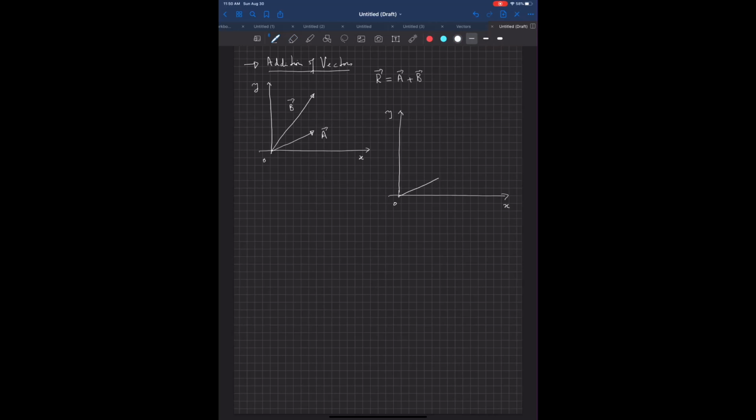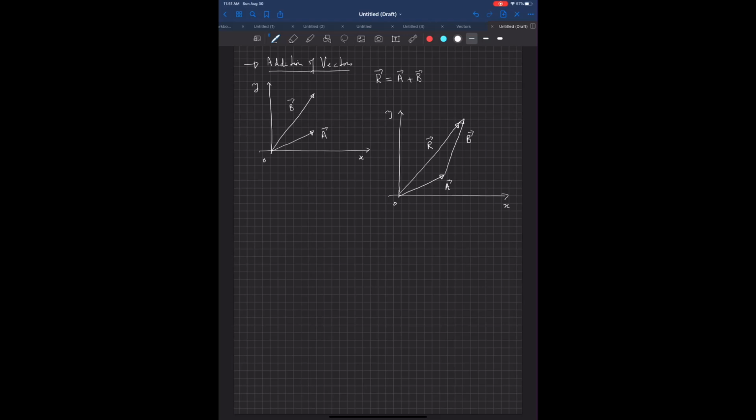One draws the vector A, and then one takes the tail of the vector B and puts it at the head of vector A. So here is vector B, the tail of which is at the head of vector A, and then the resultant of the two, the summation of the two, is then the vector R, which goes from the tail of A to the head of B. Okay? And that gives me the sum of A plus B.